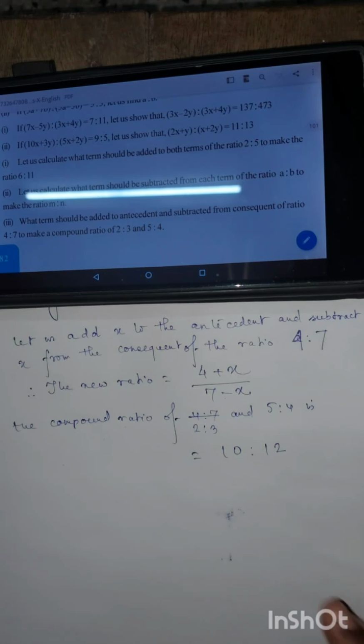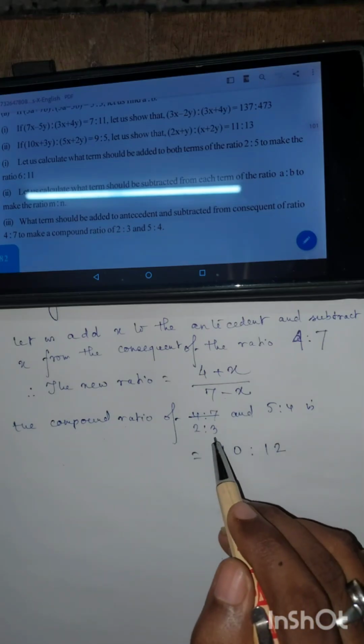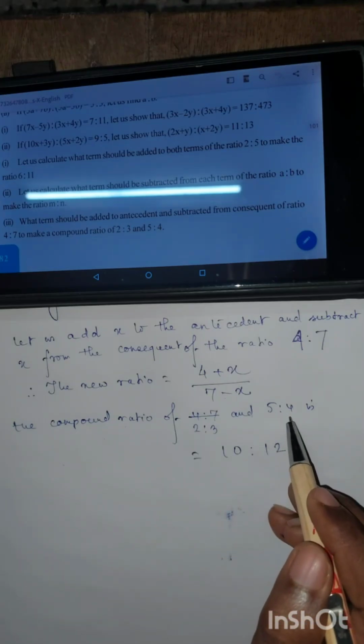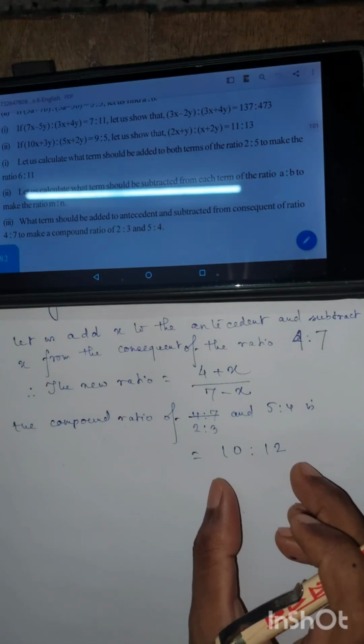Okay, so this is the compound ratio. The antecedent is multiplied to the antecedent and the consequent is multiplied to the consequent. So we get a new ratio which is called the compound ratio.